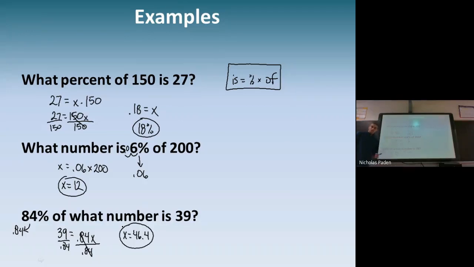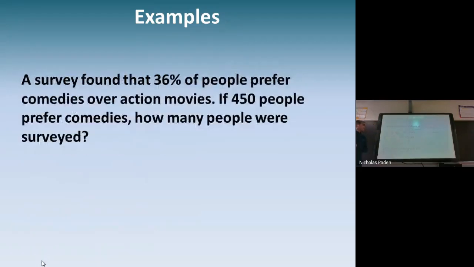We got one more to look at, which is a word problem. It says a survey found that 36% of people prefer comedies over action movies. If 450 people prefer comedies, how many people were surveyed? So we have our equation: is equals percent times of, or part equals percent times whole.